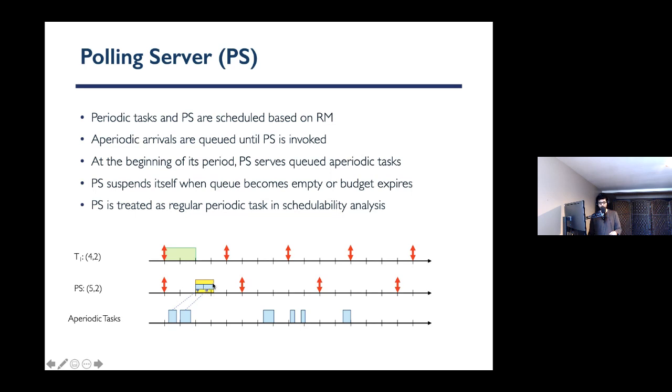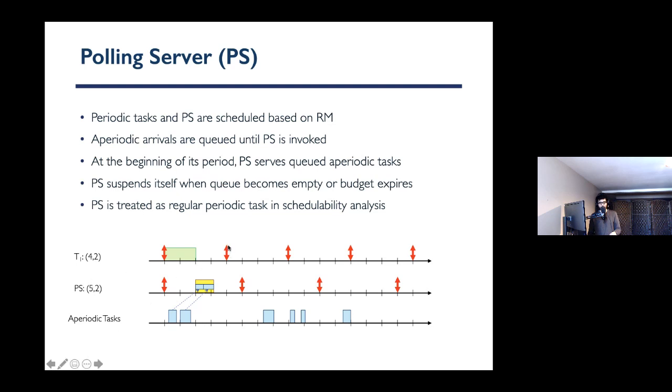The moment PS runs out of tasks, if you don't have any other tasks in your queue, PS empties its budget. So it says, okay, I'm done with this round, with this period. I'm done. So the budget goes to 0.